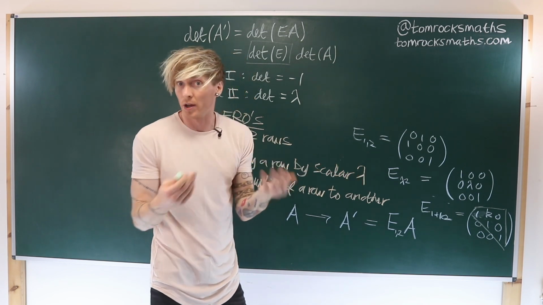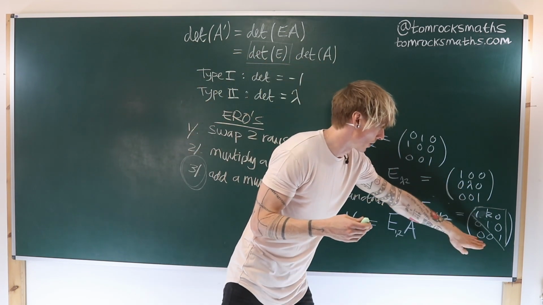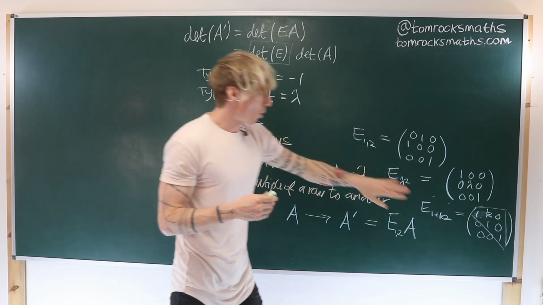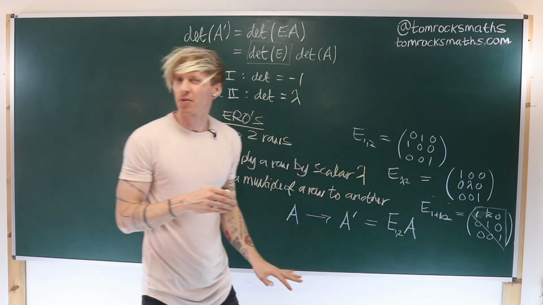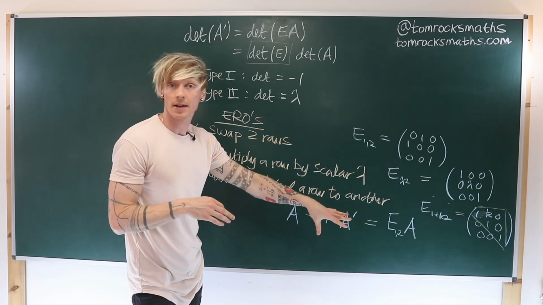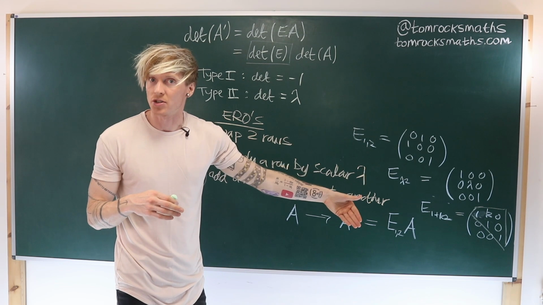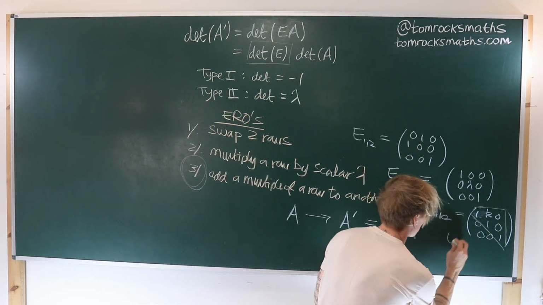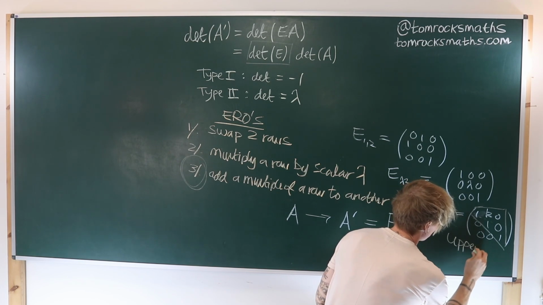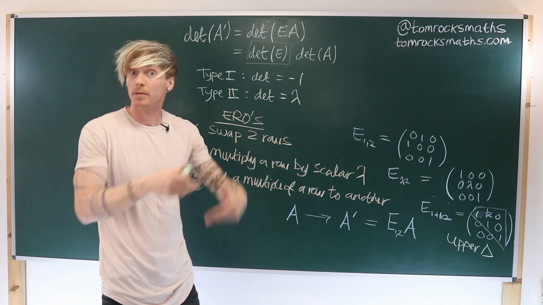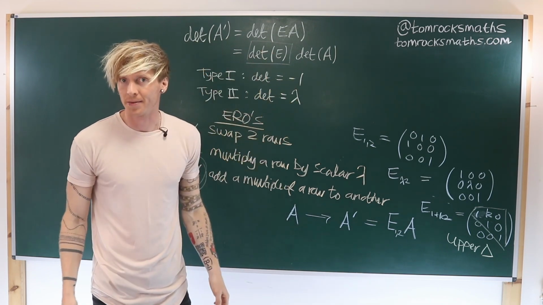And as there's only one other, it has to be either below or above the diagonal. So no matter what we do for this type 3 ERO to the identity, we end up with either an upper triangular matrix where the bottom half is all zeros, or we could end up with a lower triangular where the upper half is all 0.